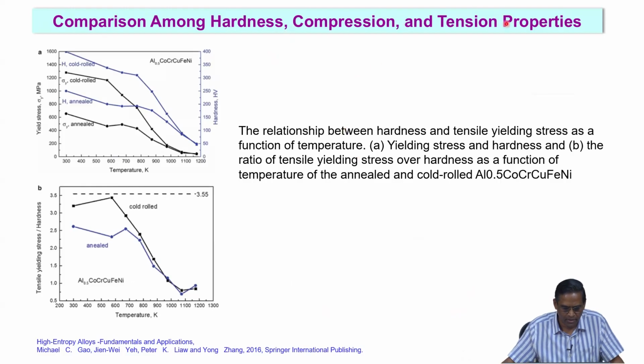Yeah, so looking at this hardness, compression, tensile property relationship, you can see the yield strength versus temperature plot, and the yield stress divided by hardness, that is, normalized with hardness versus temperature plot, gives an idea for these two high entropy alloys.